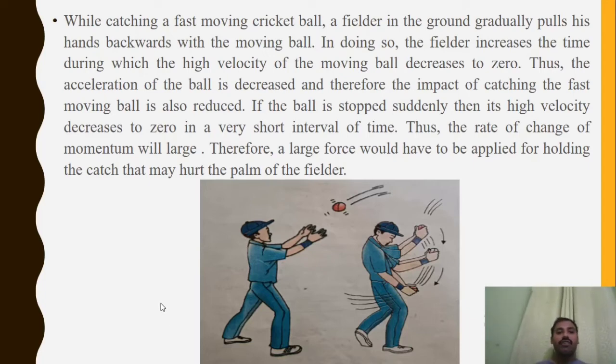While catching a fast-moving cricket ball, a fielder on the ground gradually pulls his hand backwards with the moving ball. In doing so, the fielder increases the time during which the high velocity of the moving ball decreases to zero. Thus, the acceleration of the ball is decreased, and therefore the impact of catching the fast-moving ball is also reduced.